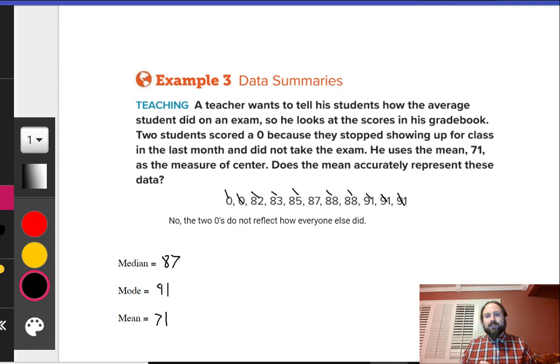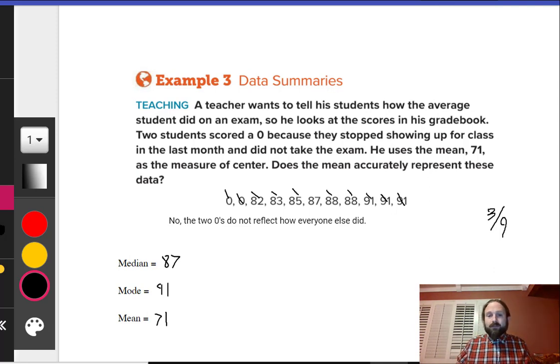Now, if it's 3, it's not as much as if we had like 8 out of 30 students get that. But looking at this, it looks like 1, 2, 3, 4, 5, 6, 7, 8, 9. 3 out of 9, 1/3 of the population scored a 99 and 91, and that's really good.